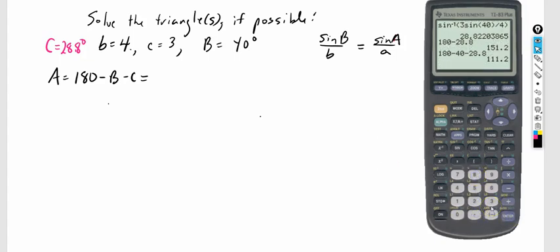And so my angle A is going to be 111.2. And so I will also add that up into here of stuff that we have found.